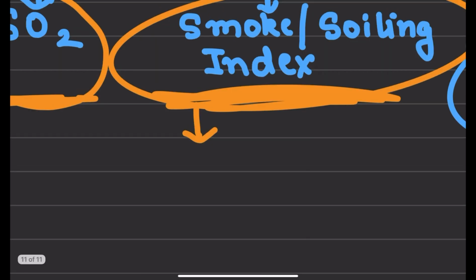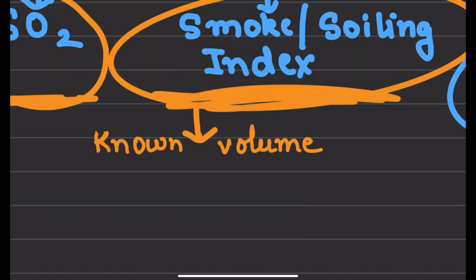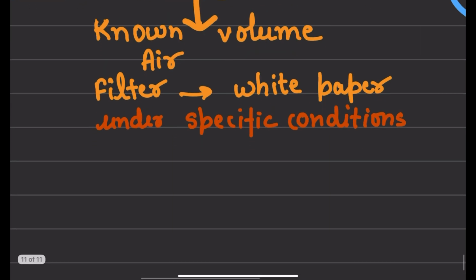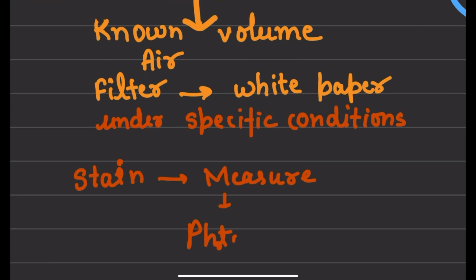In the smoke soiling index, a known volume of air is filtered through white paper under specific conditions, and the stains are measured by a photoelectric meter.